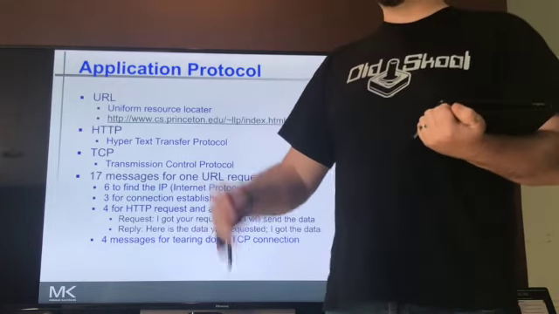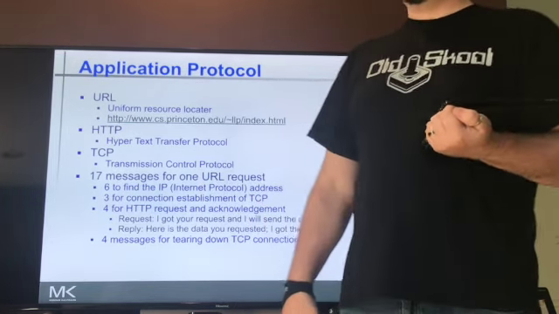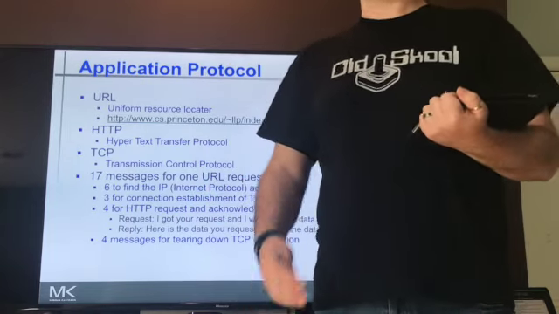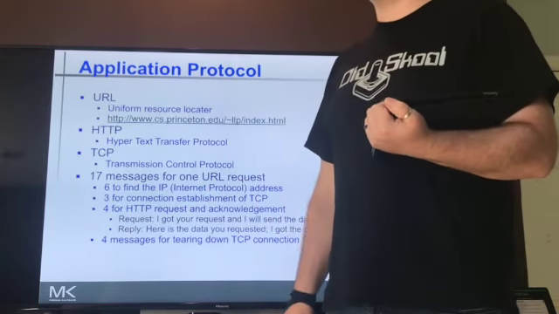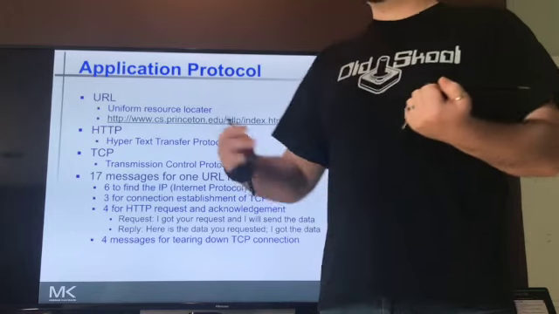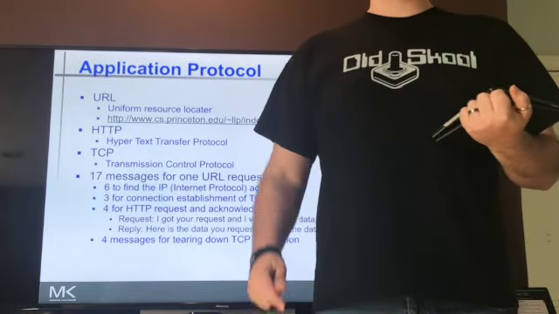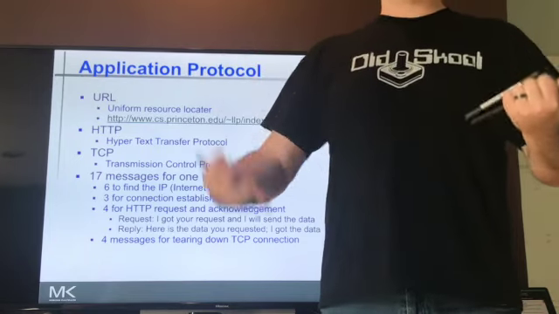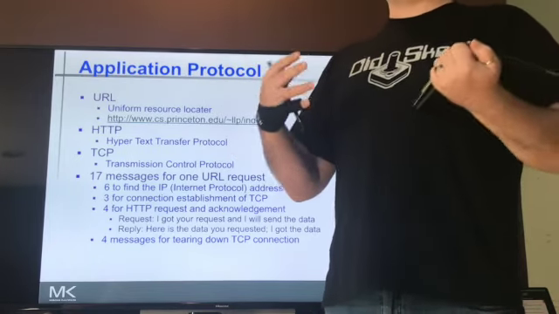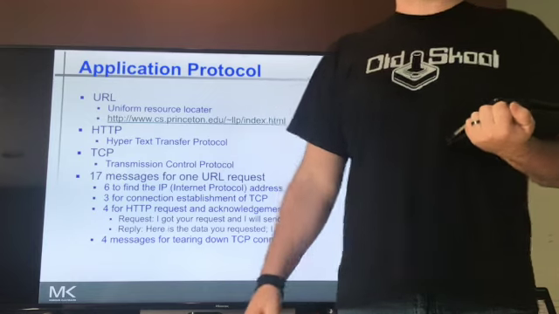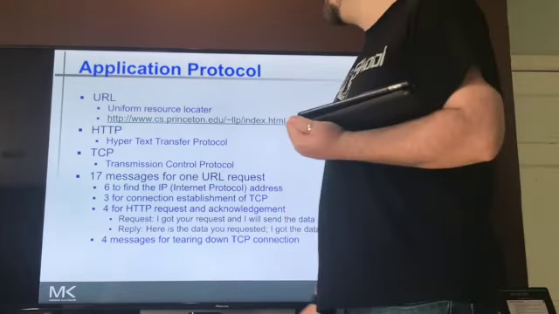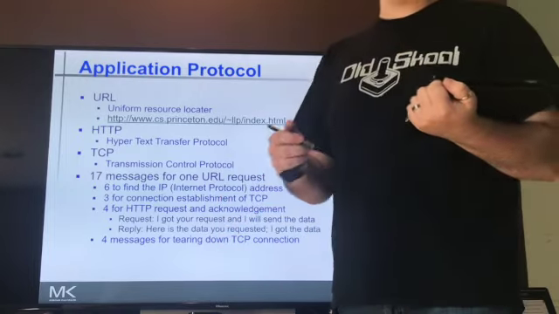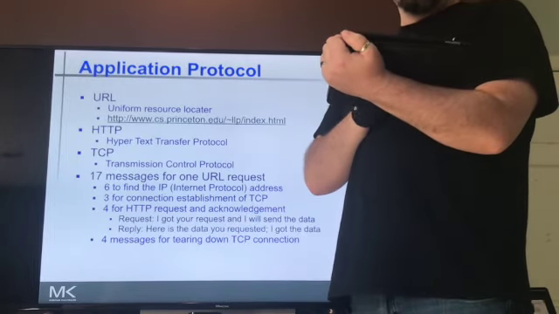And so this is a highly distributed process, and networking is kind of what allows us to do this at such a scale. So the next time you do a Google search, I want you to think about just how many machines are working together to give you the response that you're requesting. It's pretty insane, actually. Okay, so that's kind of a notion, shall we say, of an application protocol.